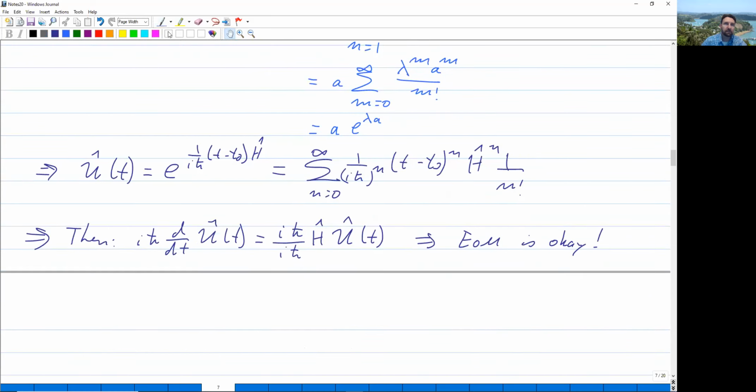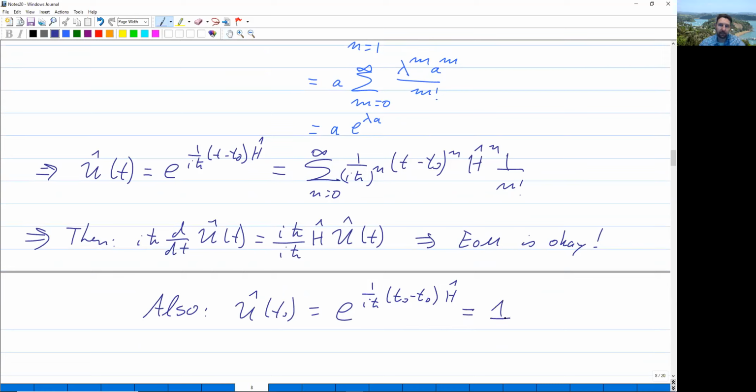What about the initial condition? Also, U hat of t naught is equal to e to the power of 1 over i h bar, t naught minus t naught, H hat. This is a 0 here. So overall, we have the 0 operator up here, and then e to the power of the operator that has all matrix elements 0 is 1. It's the identity operator.